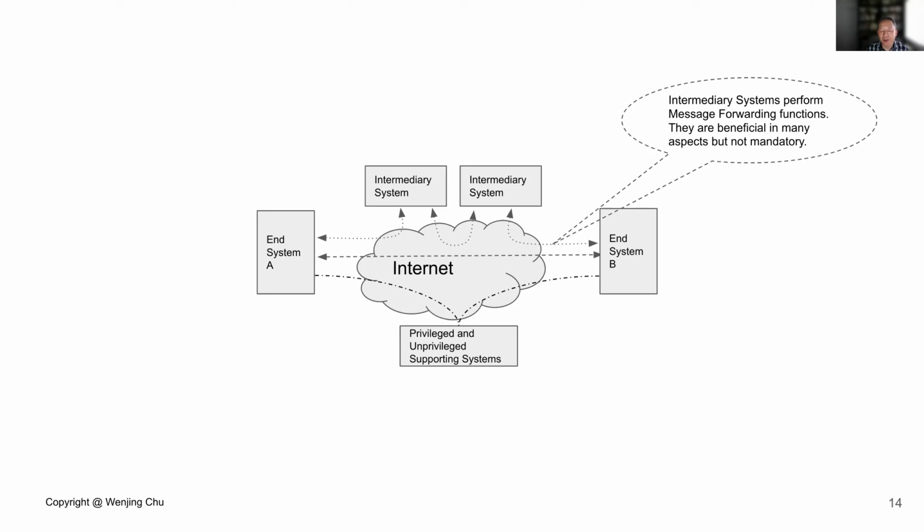And it can also play the role of helping one person with multiple devices, to ensure that when you send a message, it can be delivered to you no matter which device you're on, for instance, right? That's a delivery service. So all these intermediary systems and supporting systems are not mandatory, but very, very useful. And in a practical system, they are often quite important.